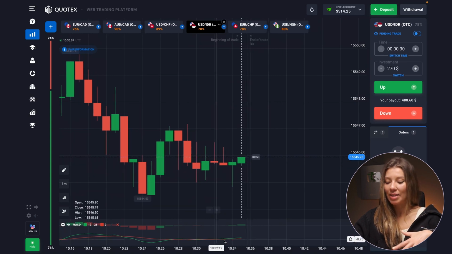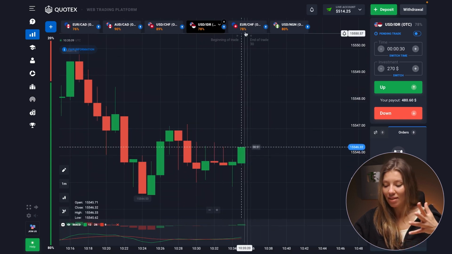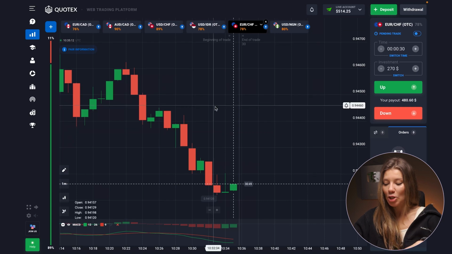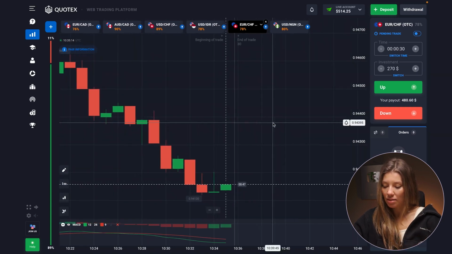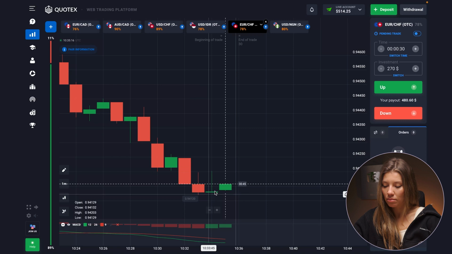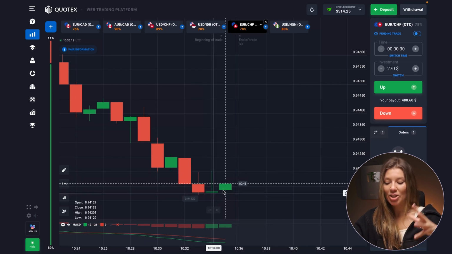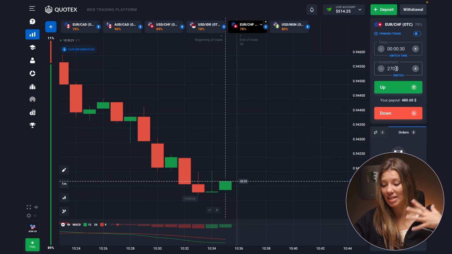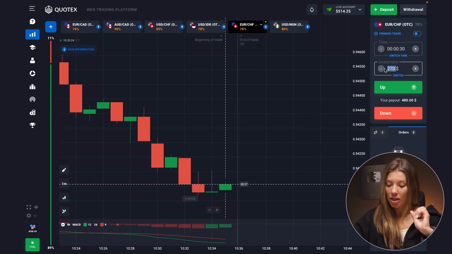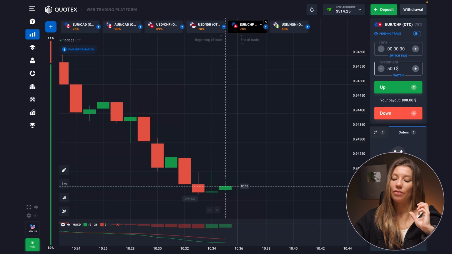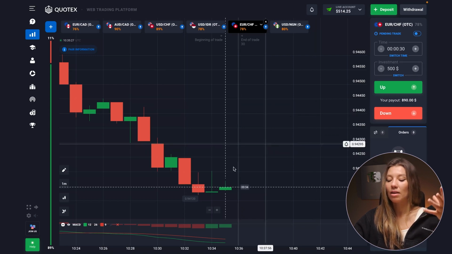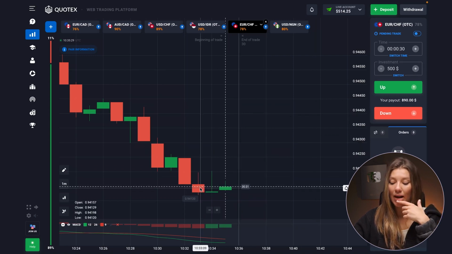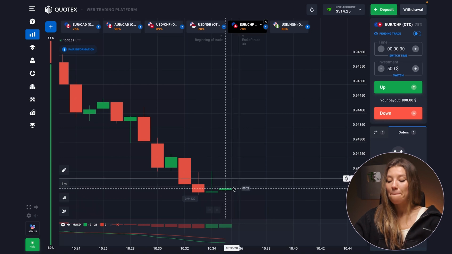Okay, so here it is, currency ratio. That's more interesting because I'm having this doji here, this gravestone. Okay, I'm going to change the investment to 500, and the next thing is realizing what I'm going to do here.